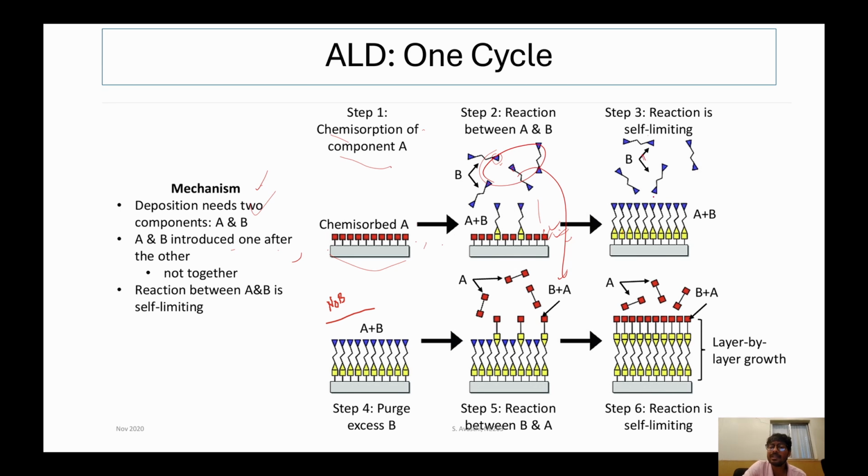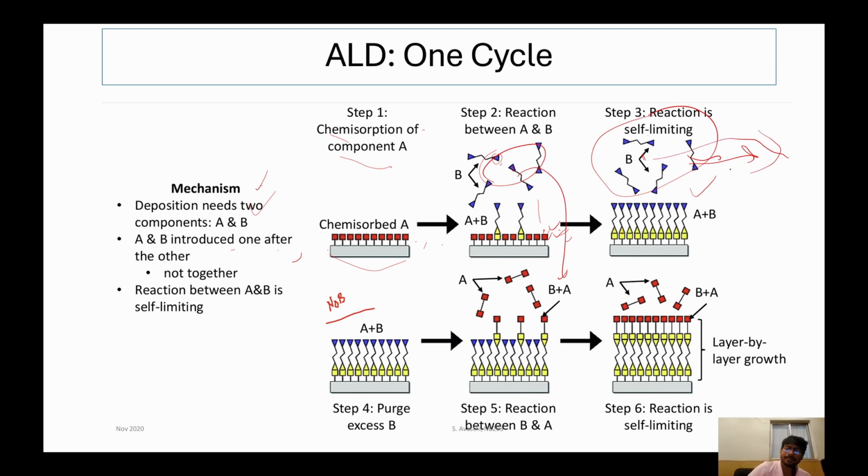Now this B won't react with B, and whatever precursor is left, to remove that we can flow nitrogen through, and with the nitrogen it can go out.